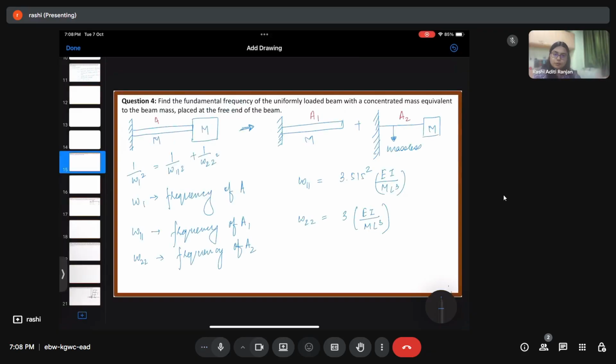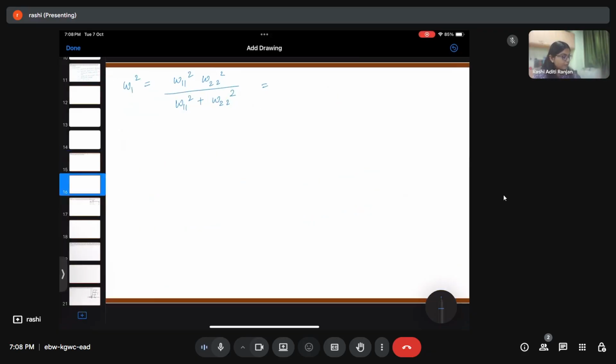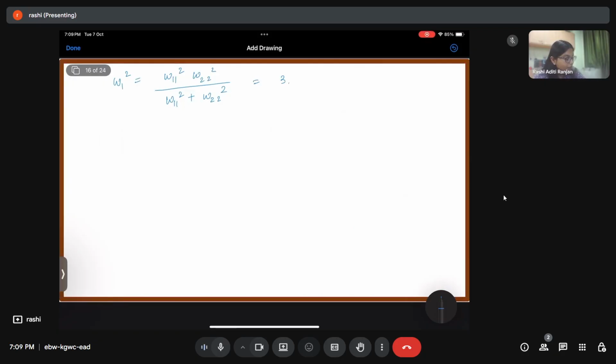from here we can put the values. This is going to give us 3.515 square into 3 divided by 3.515 square plus 3 square. Correct?